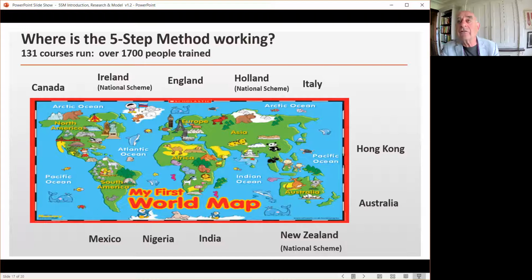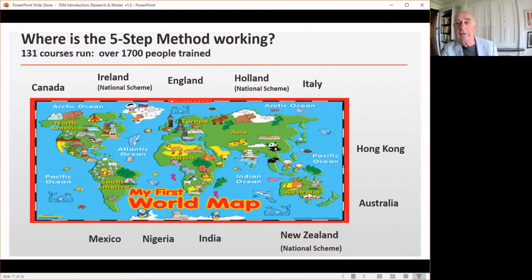So where is the 5-step method working at the moment? Well, we've run about 130 or so courses. We've trained at least 1,700 people. And at the moment, we've run courses in all these places, and people are delivering the 5-step method in Canada, in Ireland, where there's a national scheme, in England, in a number of different services across England, in Holland, where there's a national scheme, in Italy, in Hong Kong, in Australia, in New Zealand, where there's again a national scheme, in India, Nigeria, and Mexico.